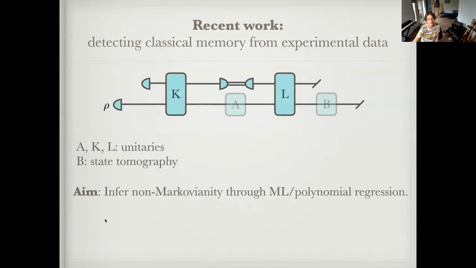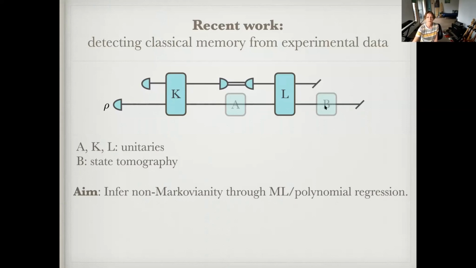So the aim was to infer some measure of non-Markovianity only with classical memory through machine learning or polynomial regression. So we have in the lab a unitary here, and another unitary here. And here the measurement boxes, this is just a unitary, so it's not an informationally complete operation.